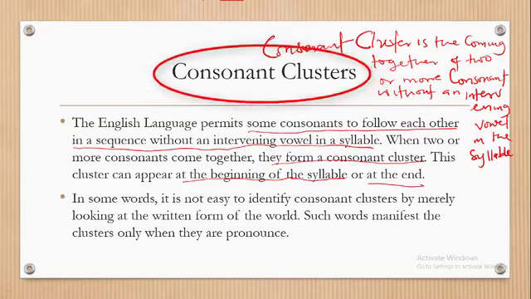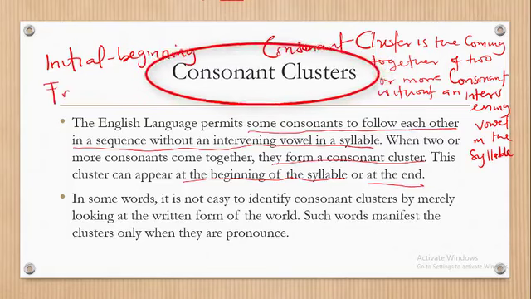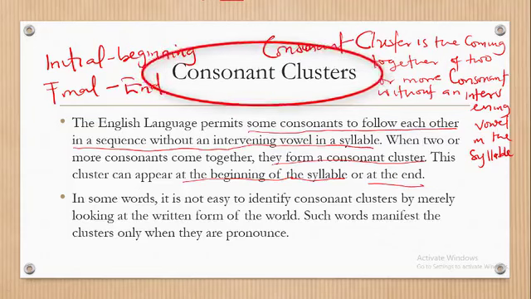And I said they can occupy two positions. They can occupy the initial position, which is called the beginning, or the final position, which is the end. Don't forget that clusters can either be at the beginning or at the end of a syllable in a word.